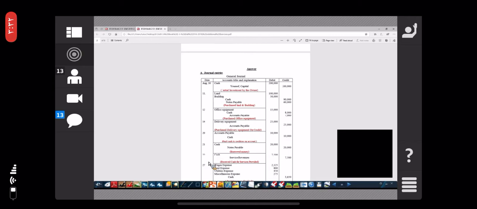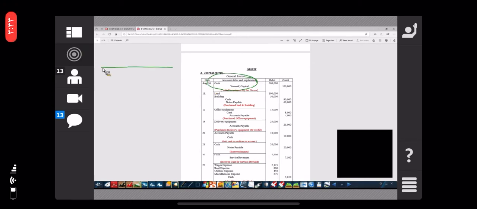So we will go through the first journal. In the first journal, how many accounts do you have? In the first journal, on 10 August, you have two accounts.